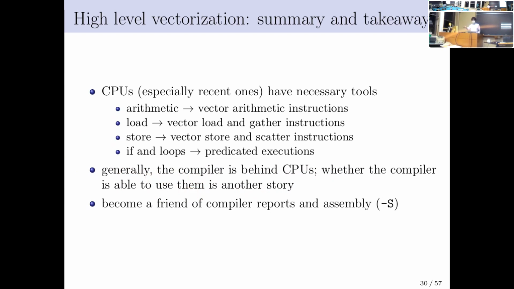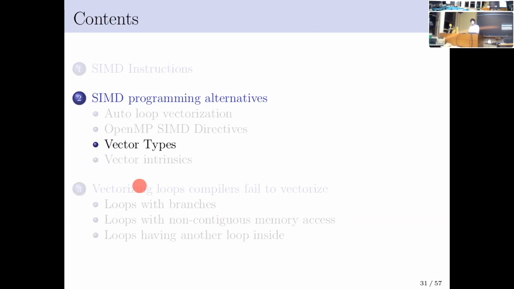When you feed the compiler a loop, chances are that it is not able to vectorize it, even if there's a way to vectorize it using all the instructions available to the CPU. It is part of the reason why you need to be familiar with the assembly code generated by the compiler, and also master somewhat lower-level programming for SIMDs, which is exactly the next topic we will get into.